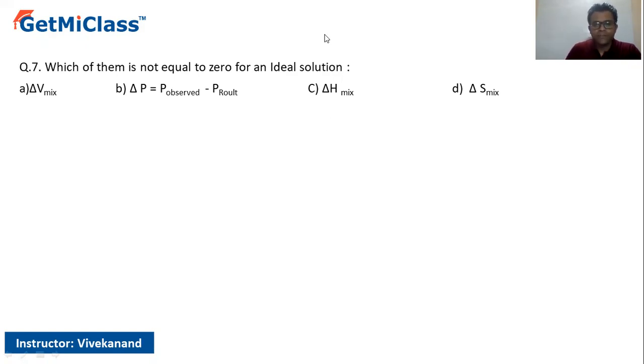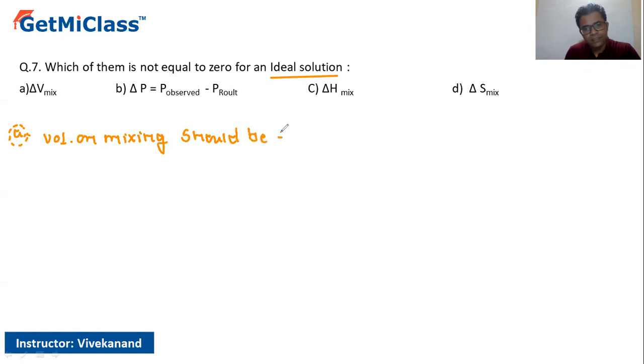Well, over here, whenever we are speaking with respect to an ideal solution, there are certain characters that one should remember. The characters are as such. We will start with option A. According to option A, whenever we mix the ideal solution, once it is mixed, the volume on mixing should be equal to 0.